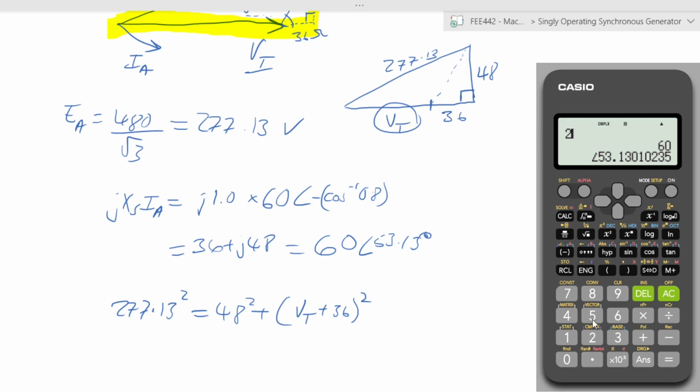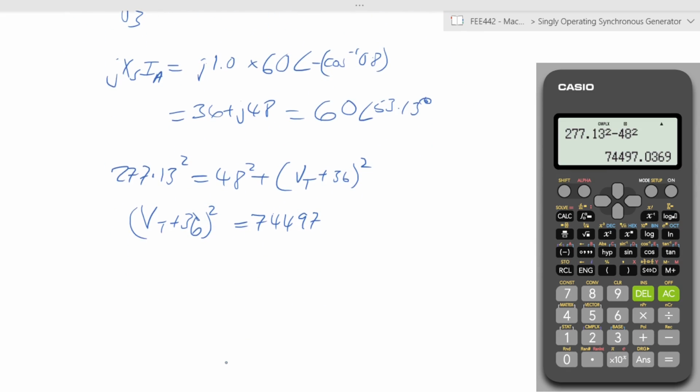So VT plus 36 squared is equal to 277.13 squared minus 48 squared gives us 744.97. Taking the square root of both sides, VT plus 36 is equal to 272.94.